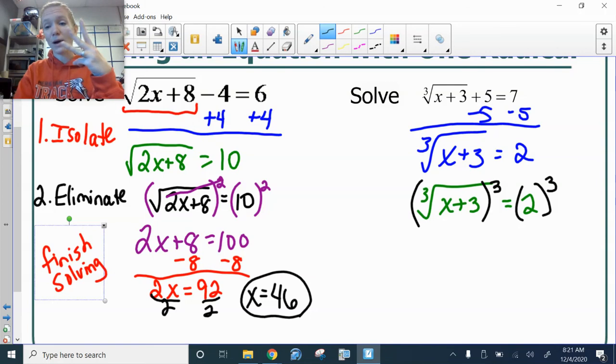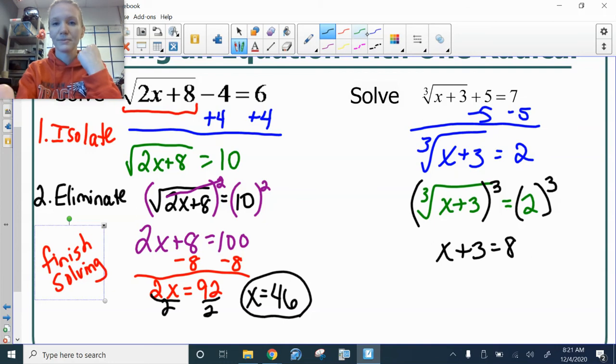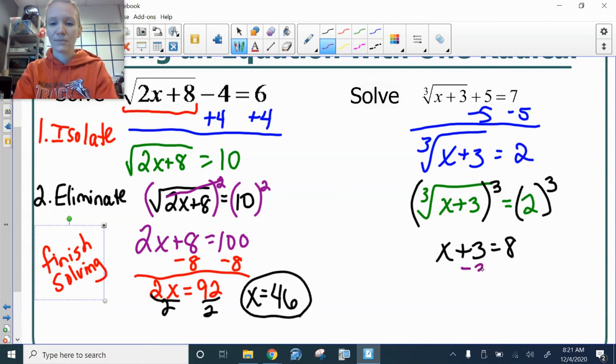I'm raising it to the third power this time because I have a cube root, so I need my exponent to match my radical. So now I have just x plus 3 equals 2 to the third, 2 times 2 times 2, which would make 8. And then for the last step, I'll just subtract that 3. Boom.